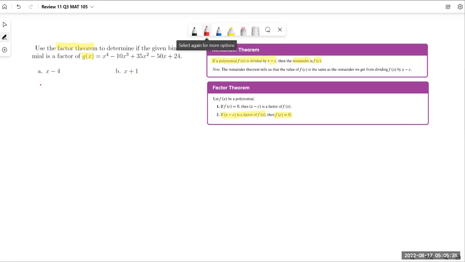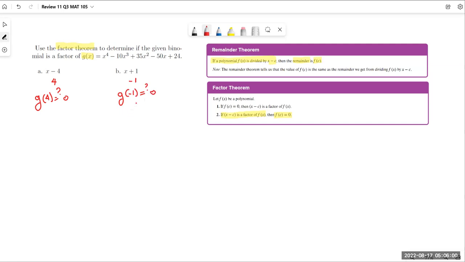So for a, we're going to plug in 4, and for b, we're going to plug in -1. In a, we want to figure out whether g of 4 equals 0. If it is equal to 0, then it is divisible and the remainder is 0 as well. And the same thing here: g of -1, does it equal 0 or not?